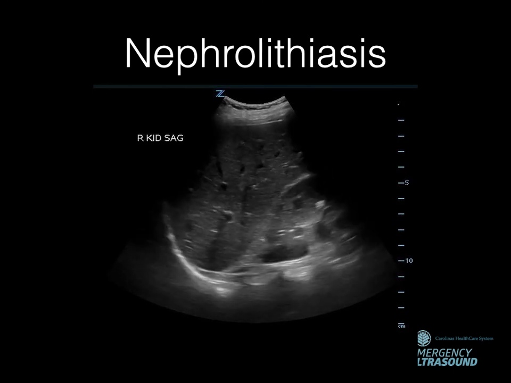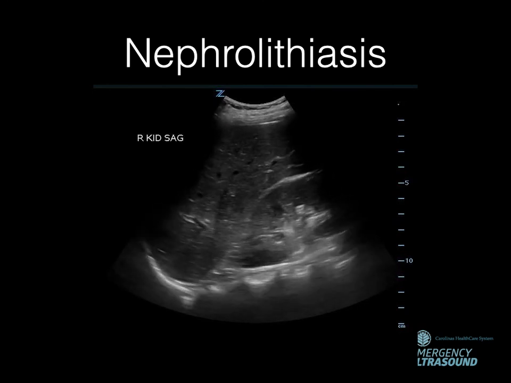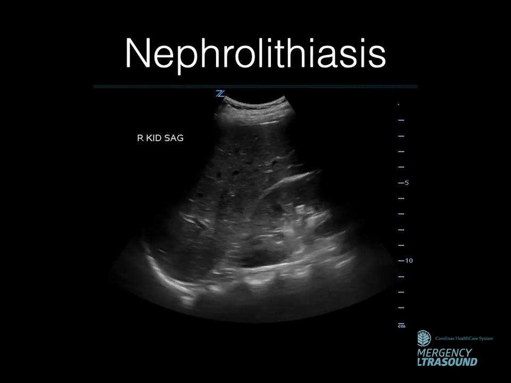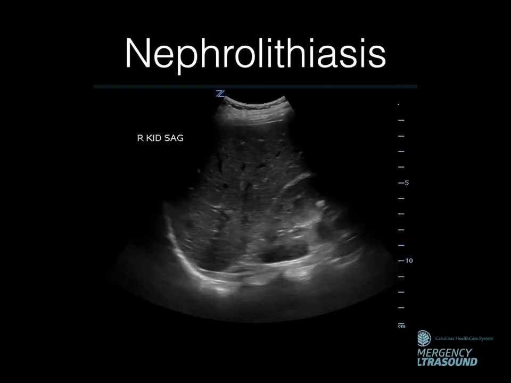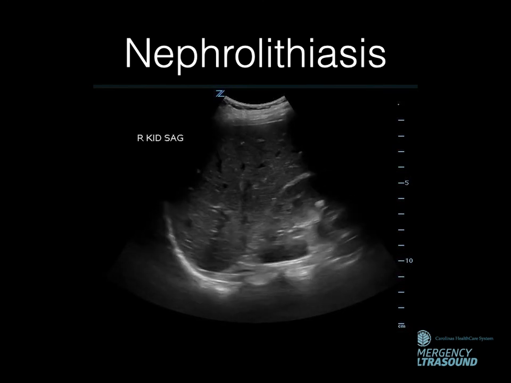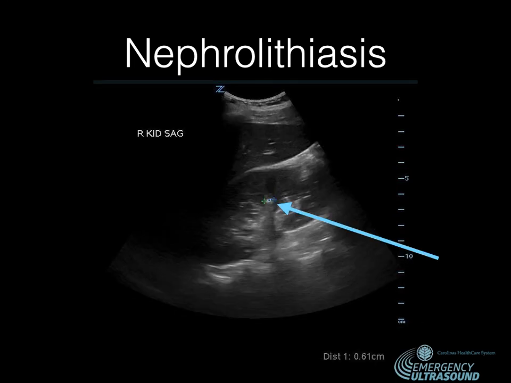So remember, our stones are going to be bright white with a little bit of shadowing, but stones that are 3 millimeters or so may not shadow. So keep looking for something that should be a little more hyperechoic than the other surrounding structures. If you saw this right here, then you're right. Unfortunately, the measurements are on here, so it's not as clear, but this was about a 6 millimeter stone here.